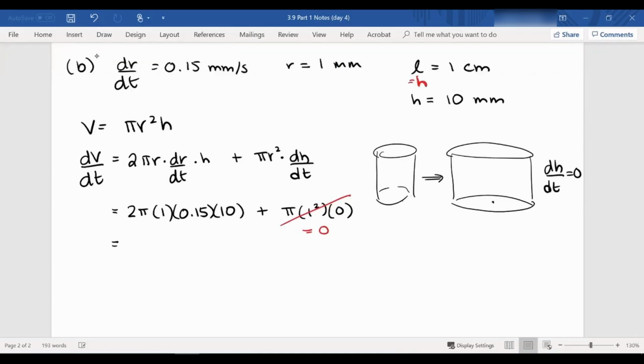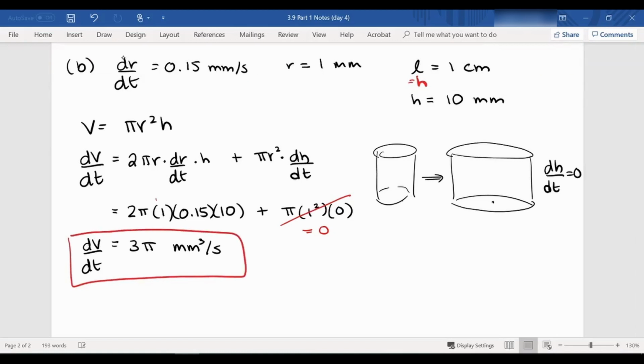We get 3 pi, and this would be millimeters cubed per second, and this is our dV/dt. Again, if we take a look at our units, r here is millimeters, dr/dt is millimeters per second, and h is also in millimeters now. So you get millimeters cubed per second.